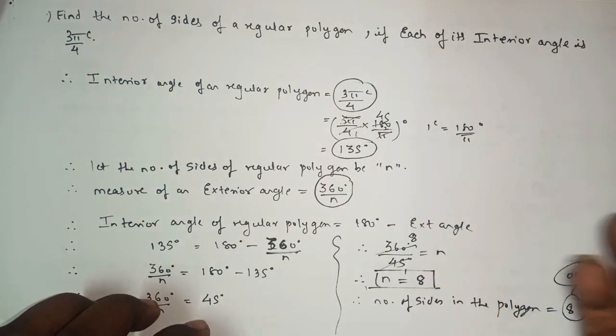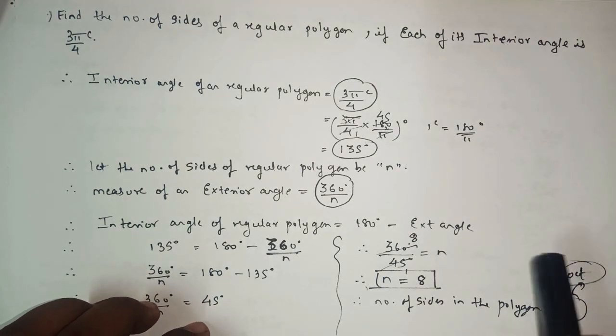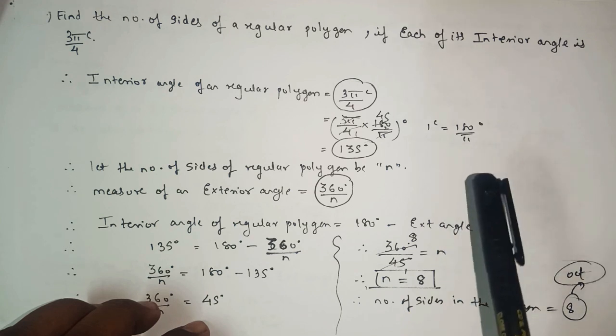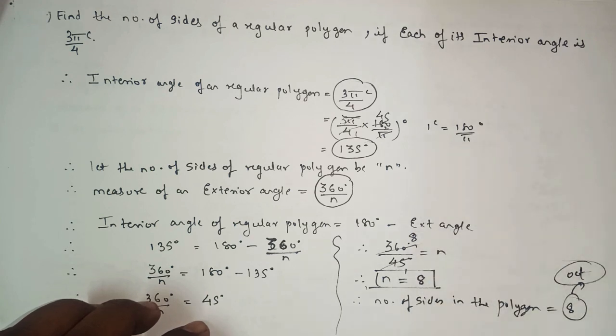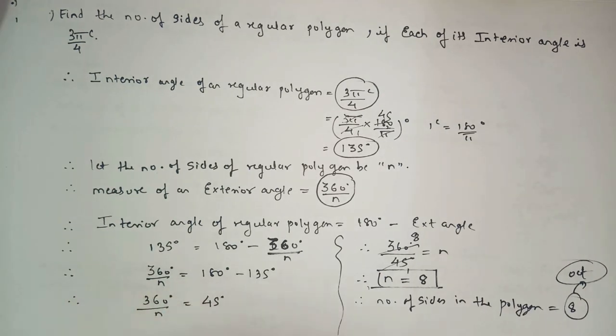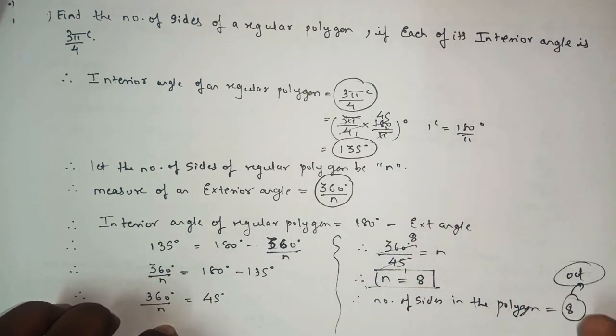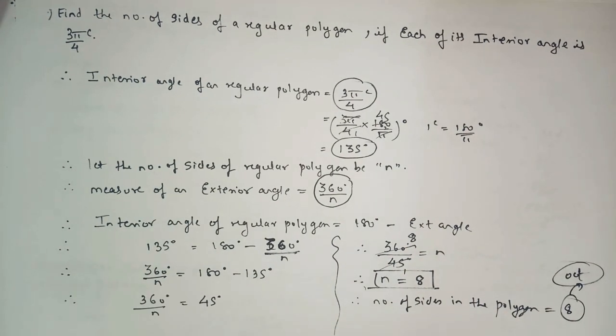Then we saw the statement sums based on the triangles and the quadrilateral in terms of linear equations, then in terms of cyclic quadrilaterals also. Then we saw one sum based on when the angles of a triangle are in AP, and when the angles of a quadrilateral are in AP. We even saw how to find the exterior and the interior angle of a regular polygon. So almost all the concepts and the majority of the sums from the exercise are covered.